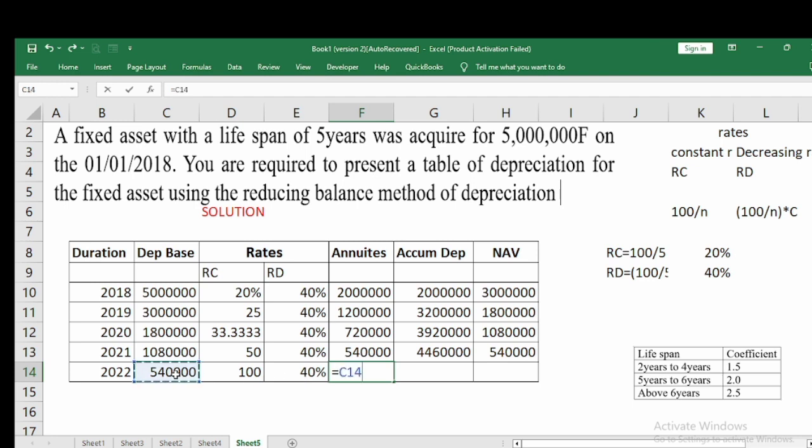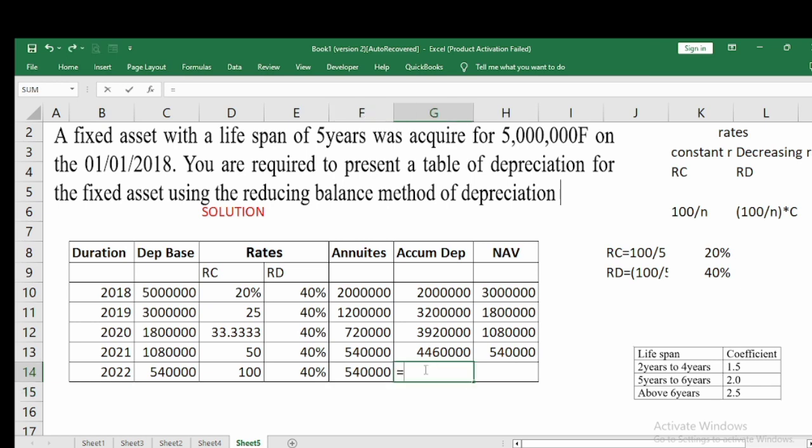So I have equal to this times this 100%. I'm typing manually because this cell does not have percentage linked to it. Times 100%. So what? 540,000, right?